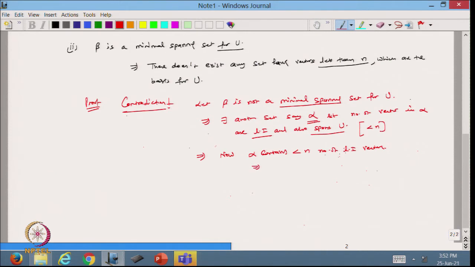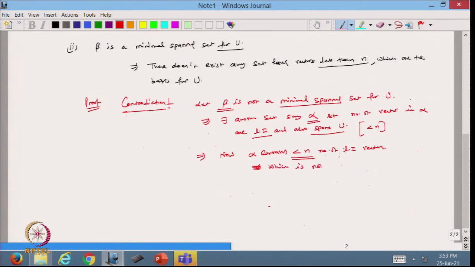So, from here what you are getting is that beta is also one of the bases for U, and alpha is also one of the bases for U, and it has fewer vectors, the number of vectors is less than n.